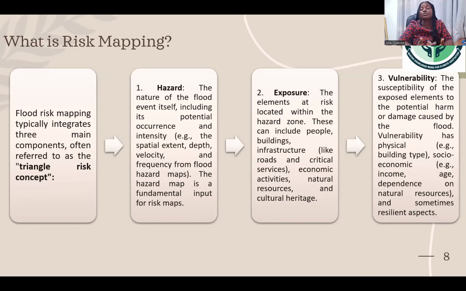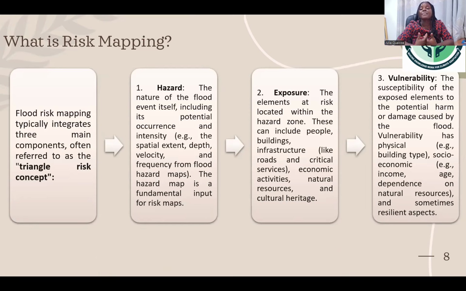Human lives can be destroyed because people are staying within the area, or infrastructure can be destroyed if there are bridges, if there are roads. These may also be affected if the floods come, or people may have farmland around those areas, which can also be affected during the flood.